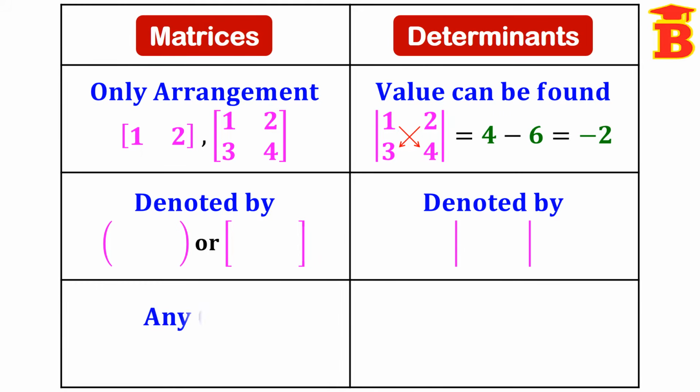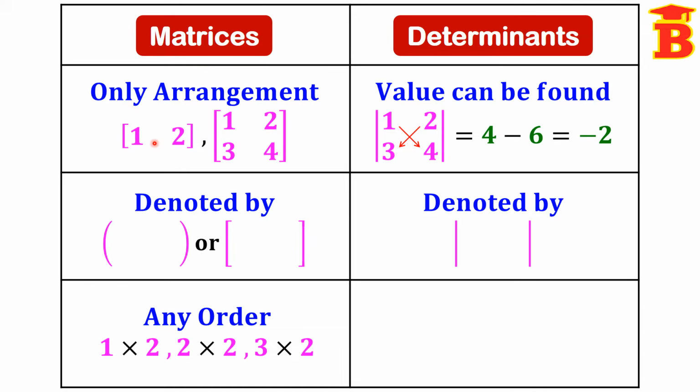Next, third point, the matrices may be of any order. So the order may be 1 by 2, 2 by 2 or 3 by 2, etc. So here this 1 into 2, we say 1 by 2. For example, see here this matrix 1, 2.